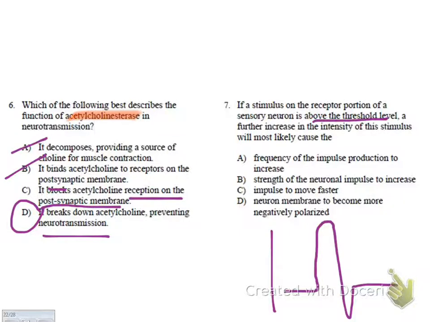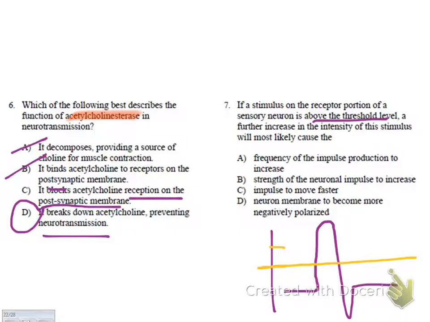So what the question is asking is if it's above threshold. So if threshold is this negative 55, if it's right there, what's going to happen? Well, you should be able to mark off a couple of them.